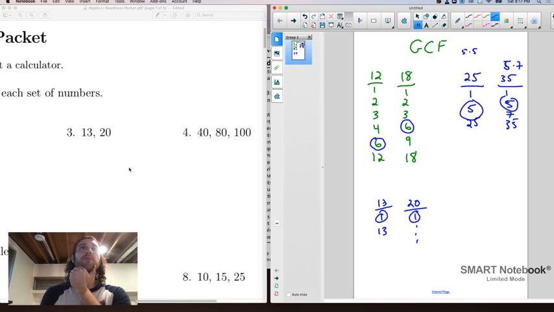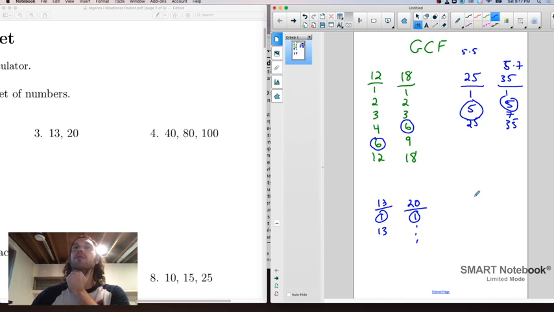Number 4 is 40, 80, and 100. The largest number we can divide 40, 80, and 100 by. We can divide 80 by 40, so that seems like a pretty good bet, but we can't divide 100 by 40.